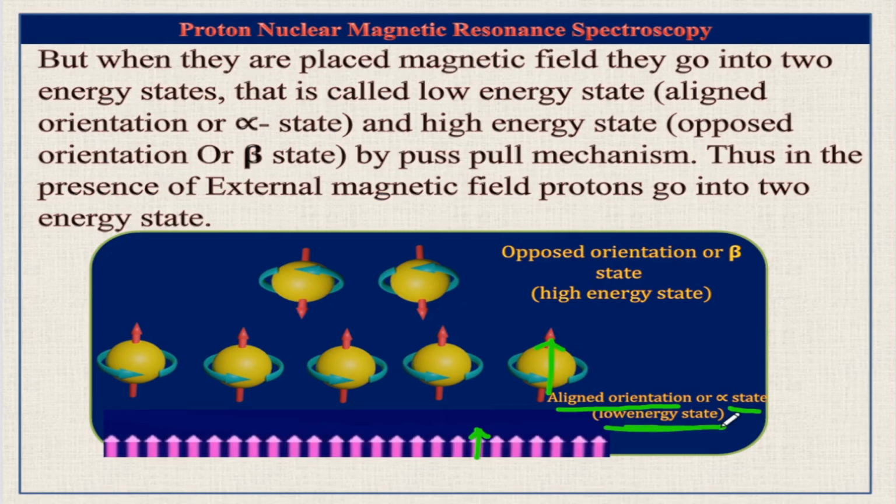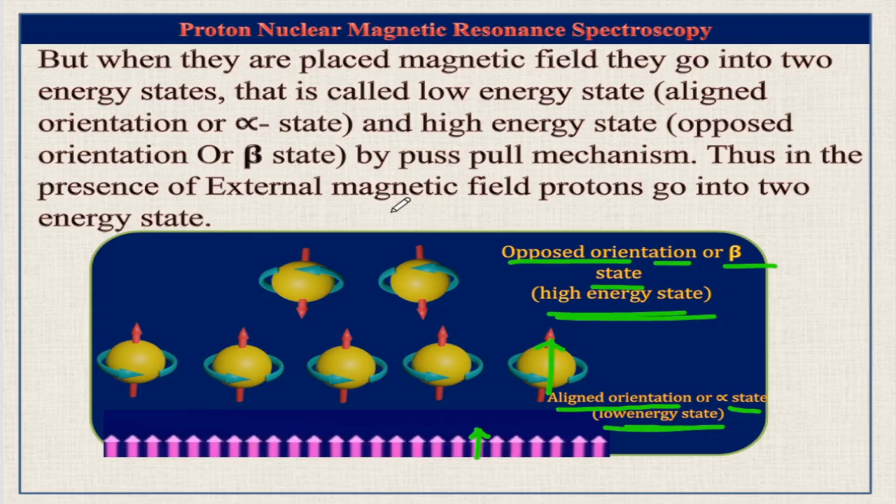So this is a low energy state, and some protons go into opposed orientation. This opposed orientation is known as the beta state, and in the opposed orientation, protons have high energy.